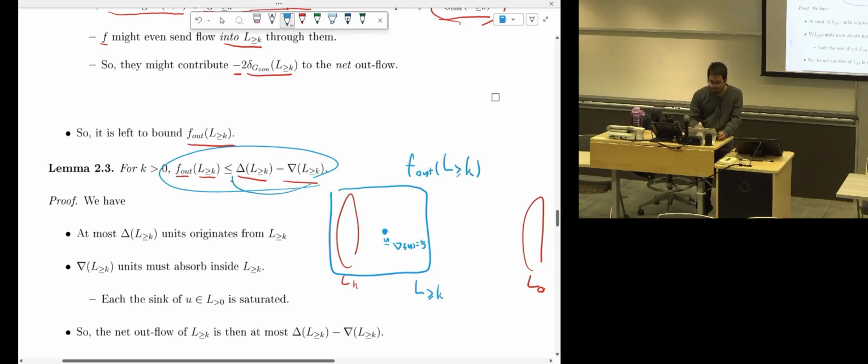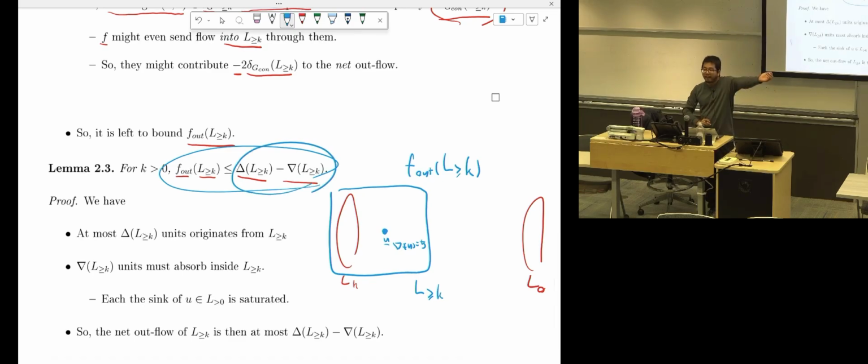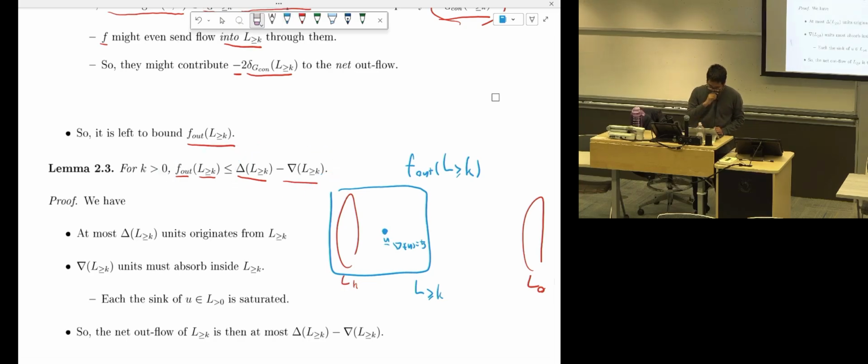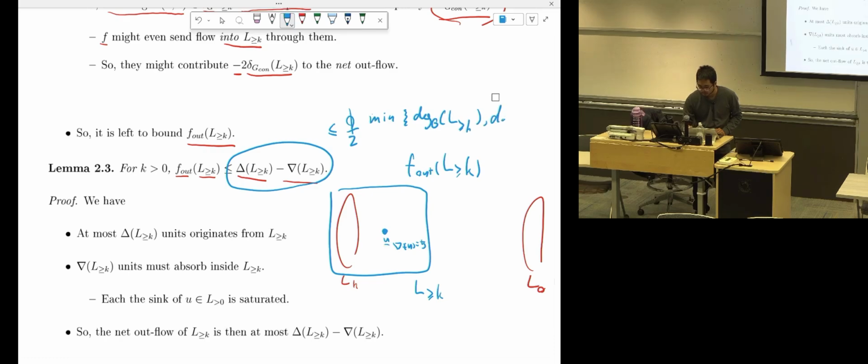So now I just need to analyze this one. It's the last step now. We want to say that this is phi over 2 times the degree of this thing, just the usual thing, the degree of L less than K. We want to prove this.